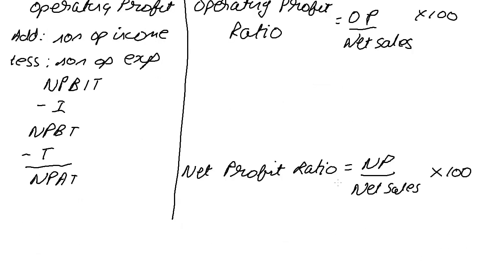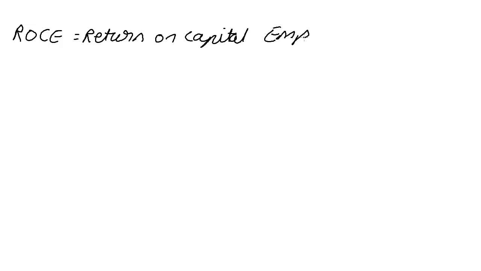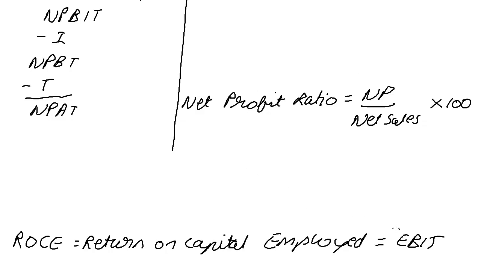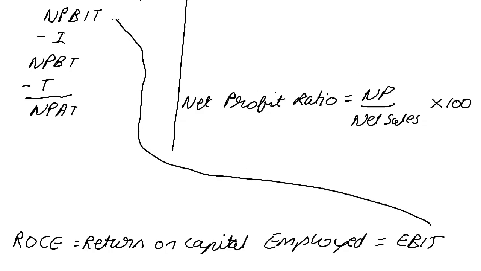Apart from these, you also have certain profitability ratios that deal with returns. So we have ROCE, which is return on capital employed, which is equal to earnings before interest and tax, which we can also call net profit before interest and tax.